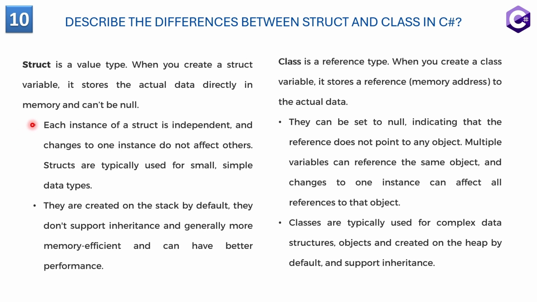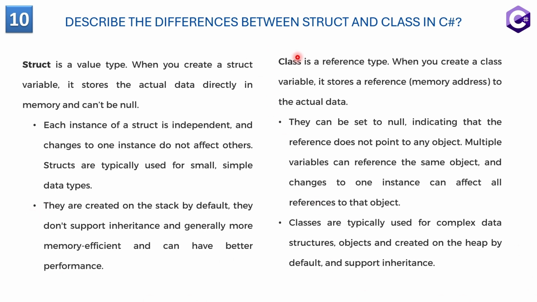Each instance of a struct is independent, and changes to one instance do not affect others. Structs are typically used for small, simple data types. They are created on the stack by default. They don't support inheritance and are generally more memory efficient and can have better performance. So this is the struct.